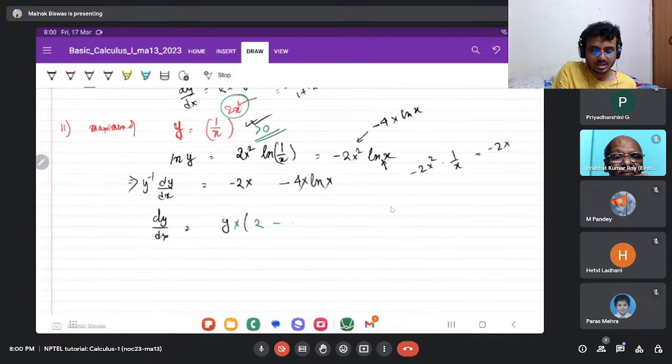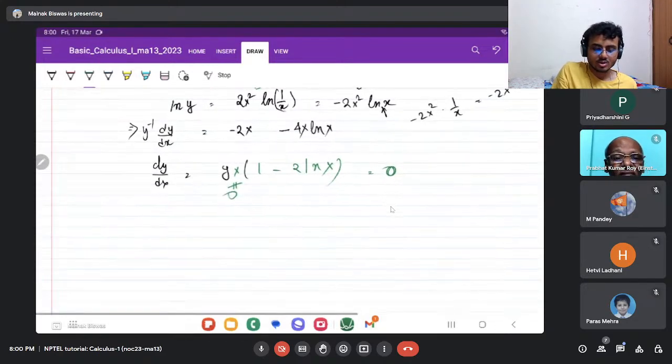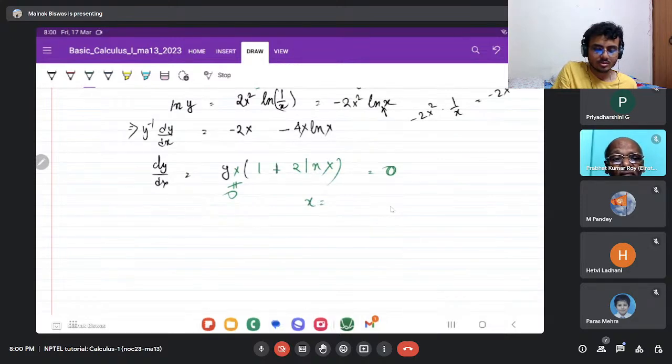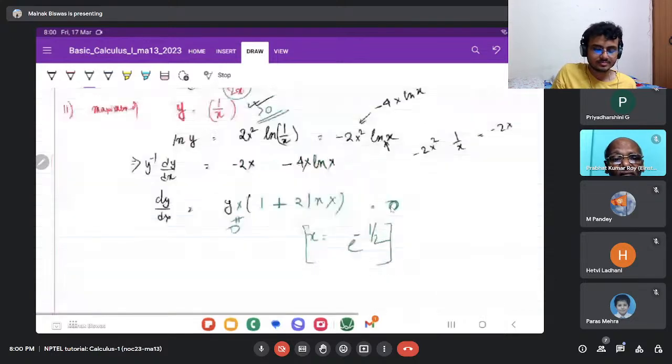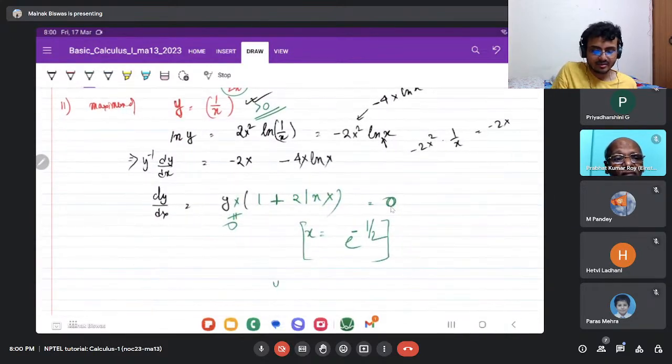So x(1 minus 2 log x), right, is 0. So these two I'm not taking to be 0. So x is equal to e to the power minus half, right? e to the power minus half.